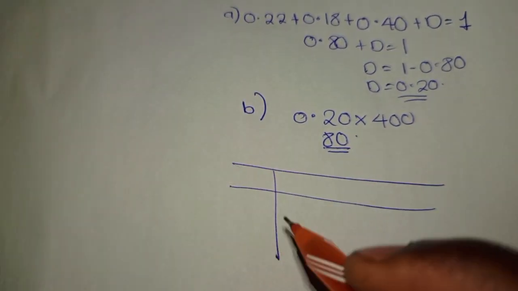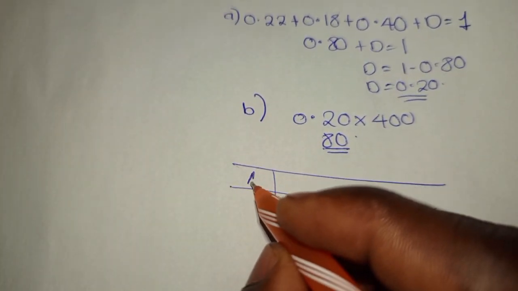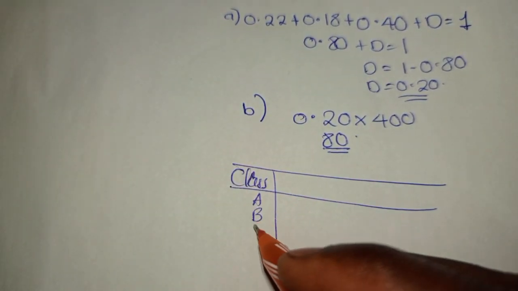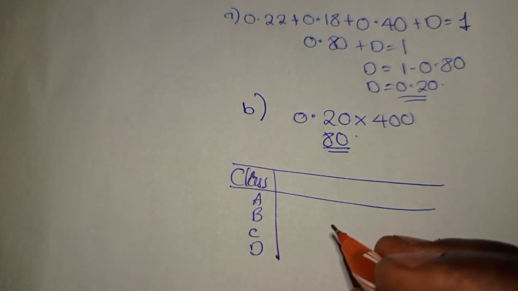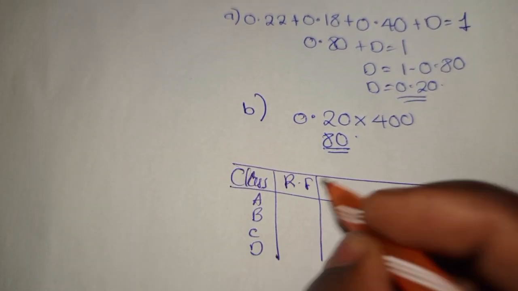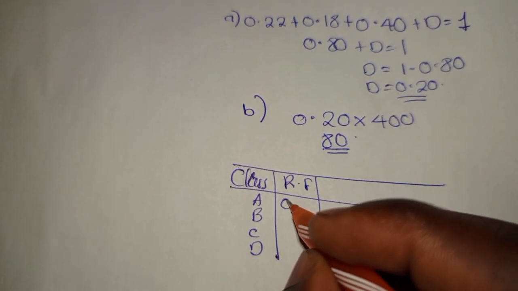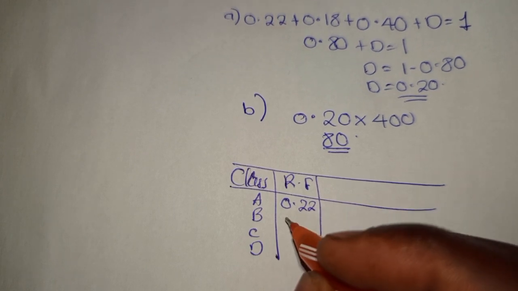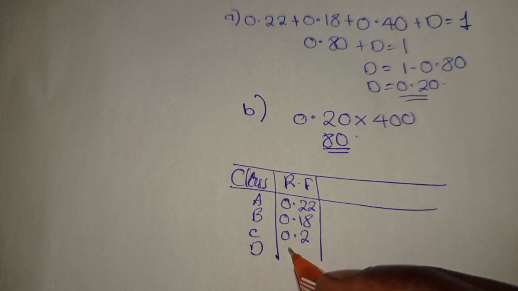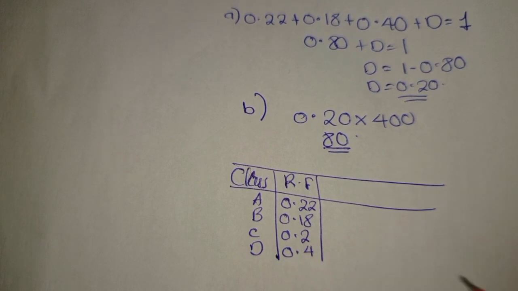So you have the classes. Let's say classes A, B, C, and D. Then you have the relative frequency, which we'll abbreviate as RF, to be 0.22, 0.18, 0.2, and 0.4.